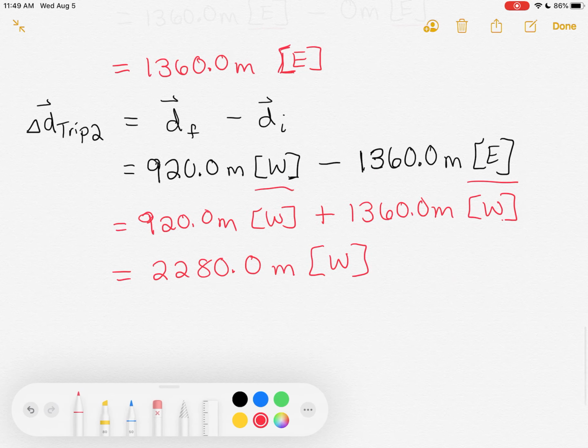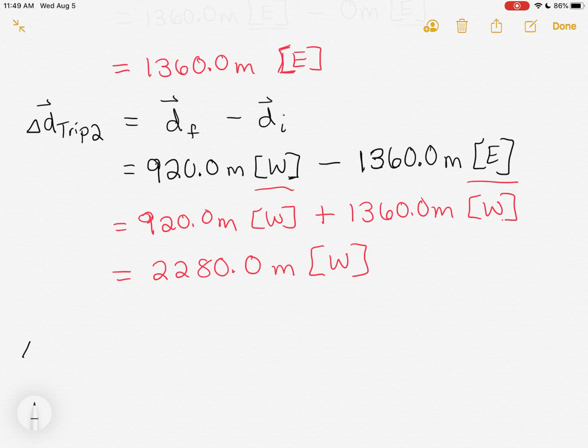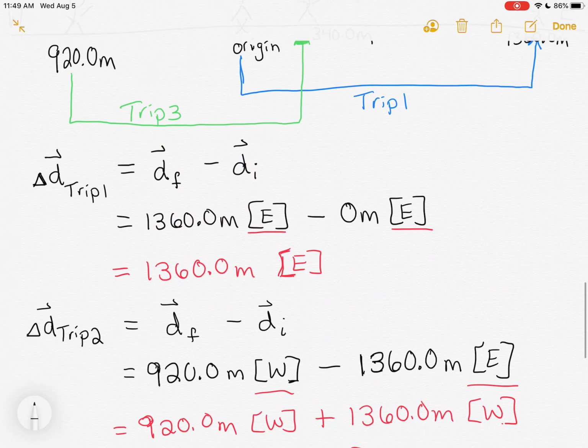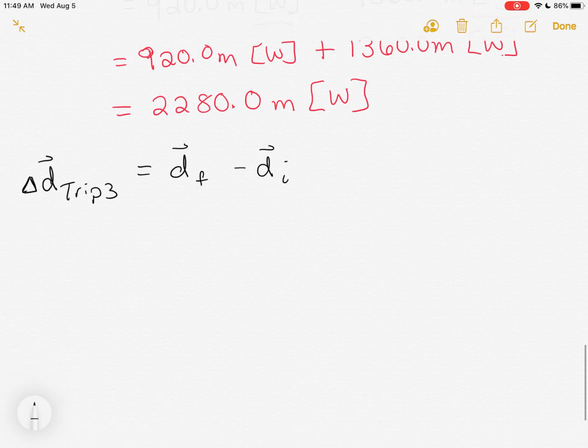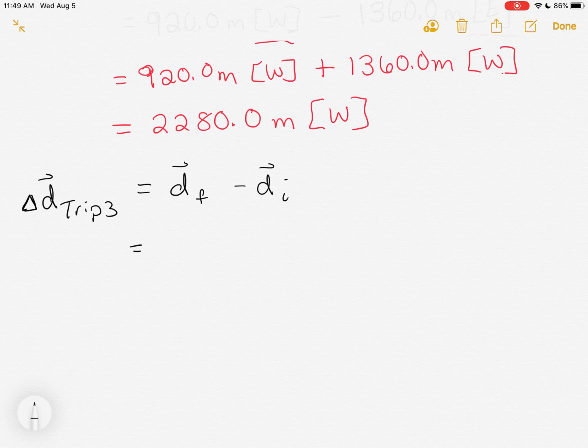All right, now we're going to do trip number 3, and then we're going to do all 3 trips together. So we'll do the displacement now for trip 3. And so same thing, we're using our final position minus our initial position. For trip number 3, let's just go back to our diagram for a second. For trip number 3, our initial position is going to be that 920 meters to the west, and our final position is going to be that 340 meters to the east. So final position is 340 meters to the east.